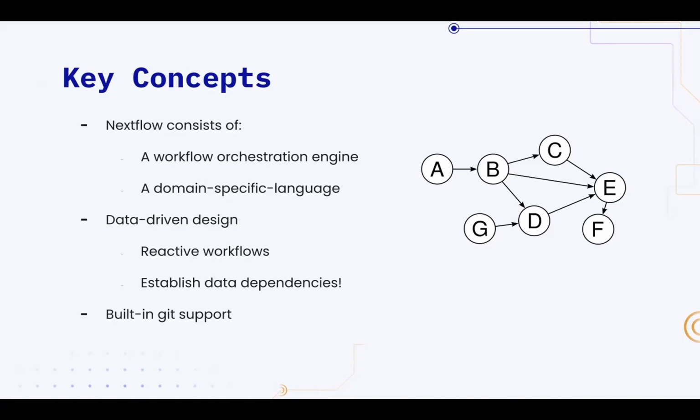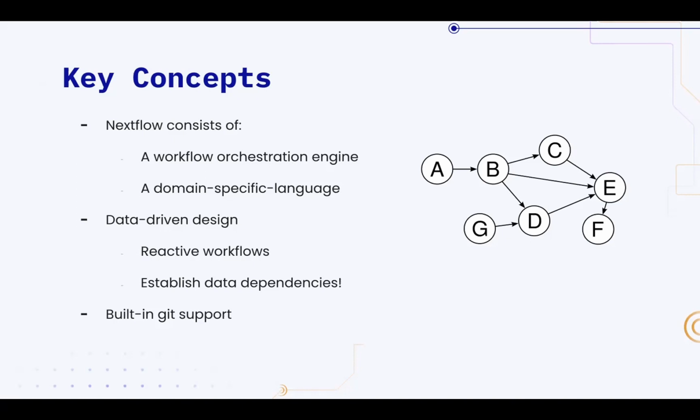One of the great things about Nextflow is its data-driven design. What does this mean? Well, Nextflow workflows are reactive. So this means they automatically respond to data availability, which streamlines the data processing pipeline. So if we think about a directed acyclic graph as shown to the right here, what this means is we can establish data dependencies.